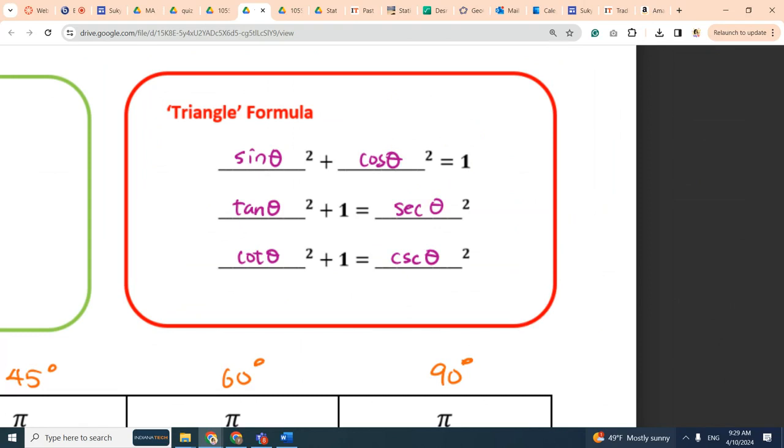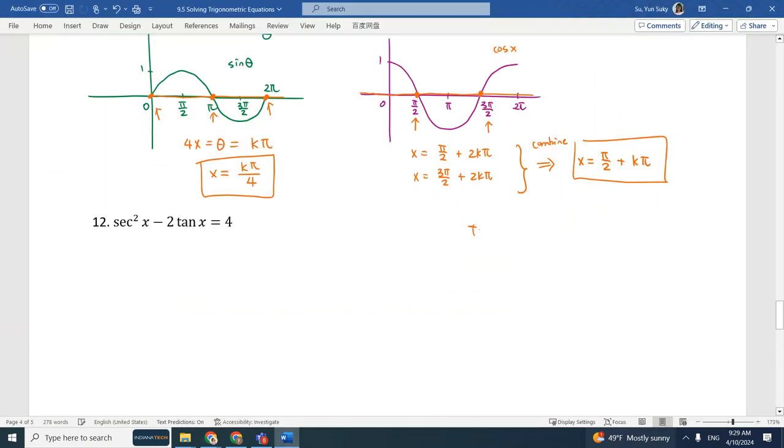In the exam you might see trig equations involving sine and cosine, or tangent and secant, or cotangent and cosecant. So we use this trig identity: tangent squared plus 1 is secant squared.